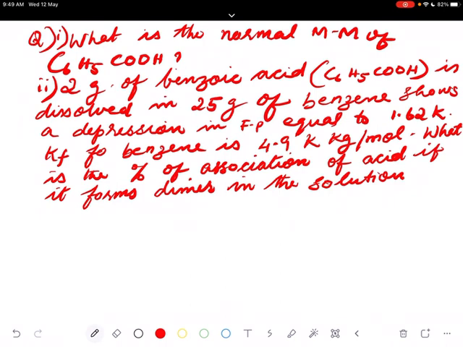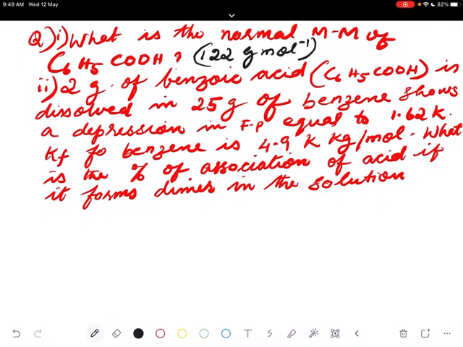So what is the normal molar mass of C6H5COOH? When you calculate all these things, 12 into 6 plus 5 plus 12 plus 16 plus 16 plus 1, altogether you will be getting 122 grams per mole.